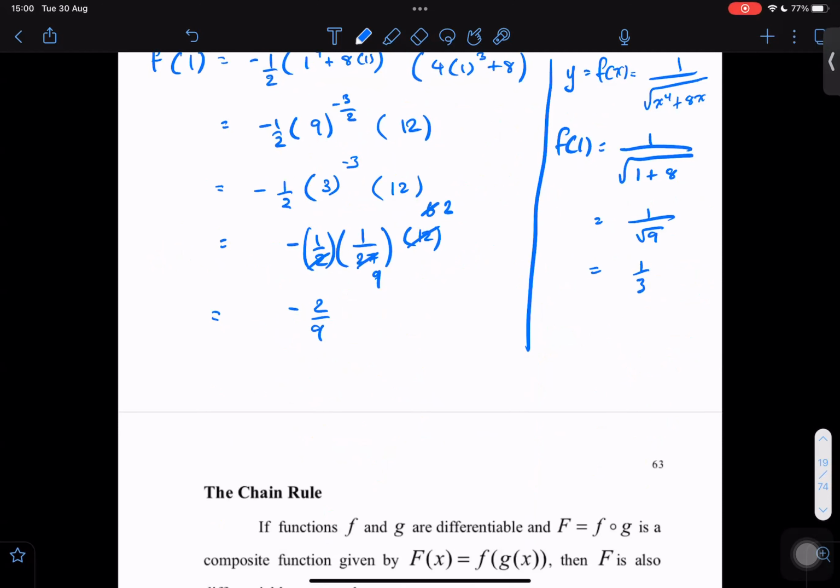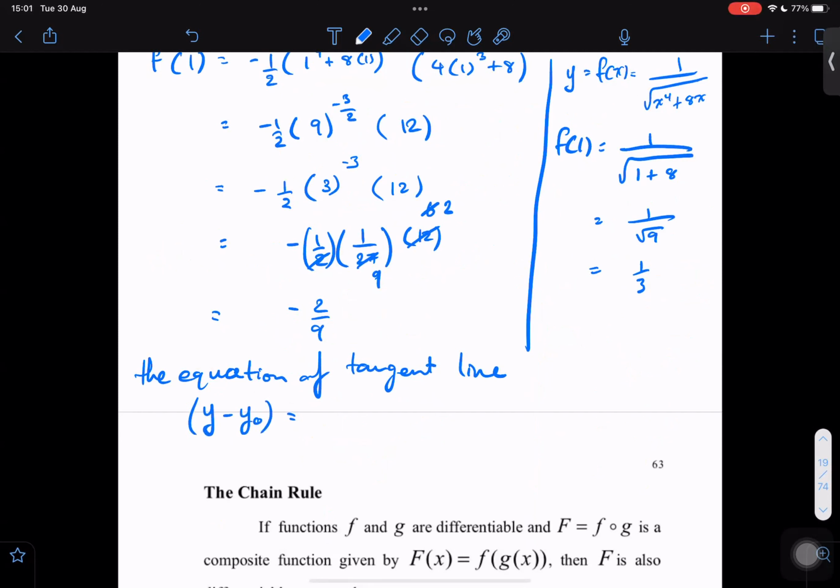Now you're going to find the equation of the tangent line. The tangent line can be described by y minus y0 equal to m times x minus x0. m is f prime of x.